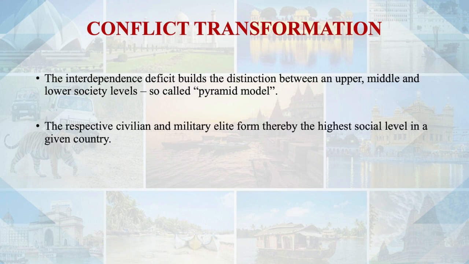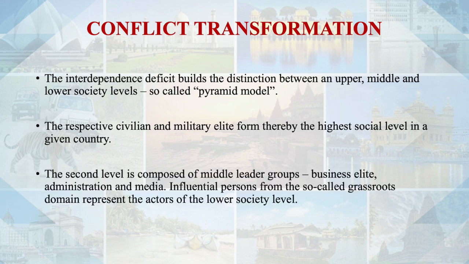The civilian and military elite form the highest society level in a given country, the first level. The second level is composed of middle leader groups like business elites, administration people, people from media, and influential persons, as well as influential persons from the so-called grassroots level, and the actors of the lower society level. These are the three levels of society, which make a pyramidal model.